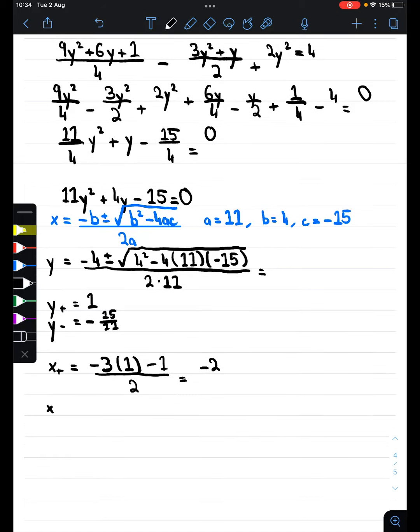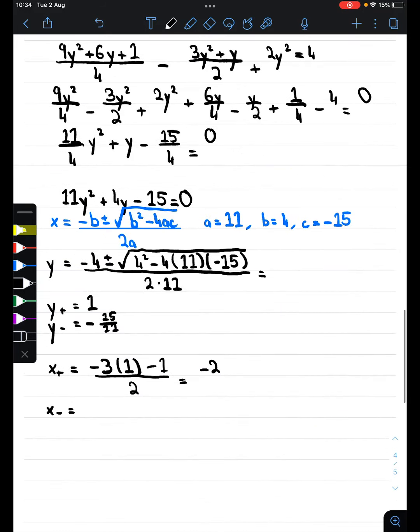And then if we plug in minus 15 over 11 into y, we get minus 3 by minus 15 over 11 minus 1 all over 2. And this is 45 over 11 minus 1, which is 34 over 11 over 2, which is just 34 over 22, or 17 over 11.